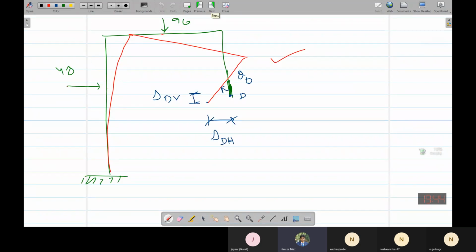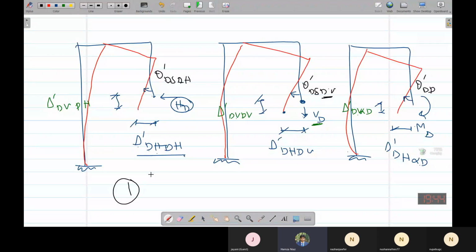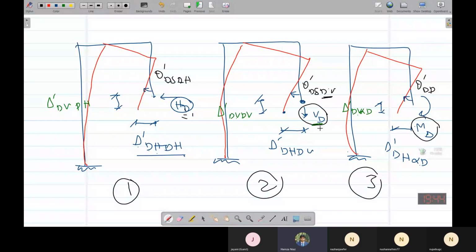We have written the different deflection parameters, delta H, delta V, and theta. This is in the primary structure, and in the first redundant structure, second and third. In the first one, we applied horizontal force at D, applied vertical force at D. In the third one, we applied moment at D. All equal to 1. These are unit forces and unit moments.